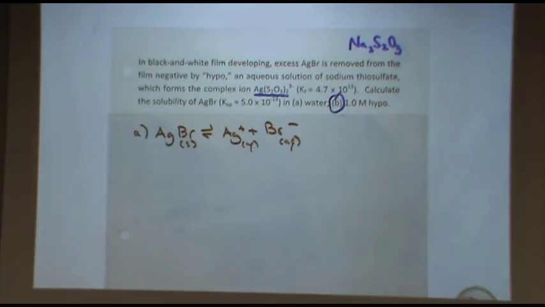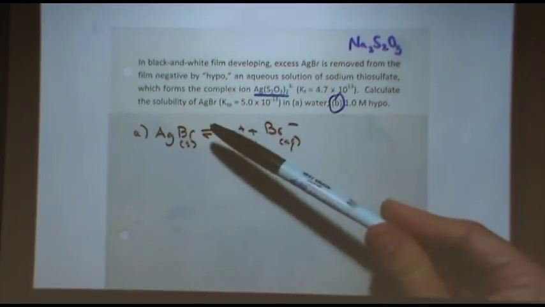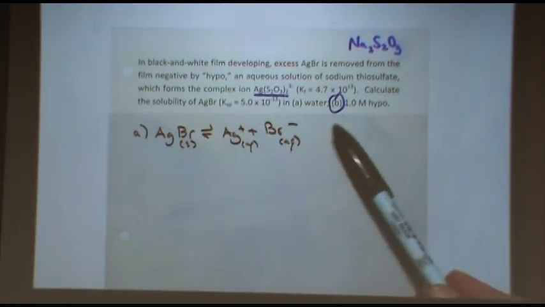So in part A, if it's just in water, how would you solve this problem? What method would you need to use? I want the solubility in part A, water. You're going to use the ice table. So you fill out an ice table, it's already in water, that's what aq means.